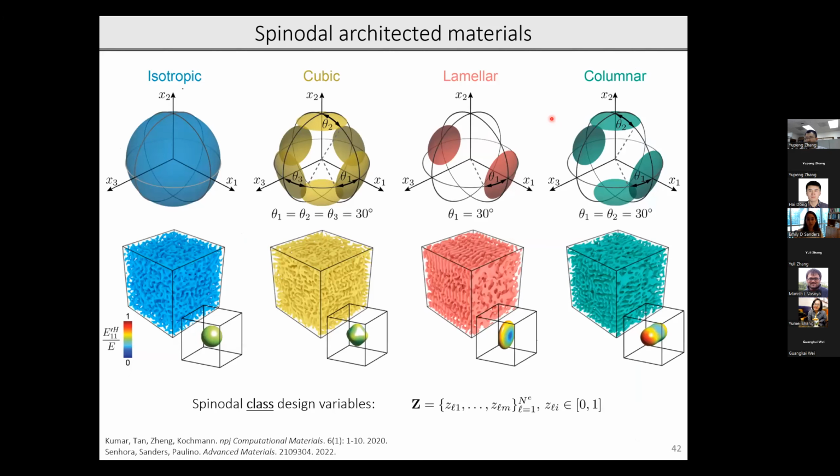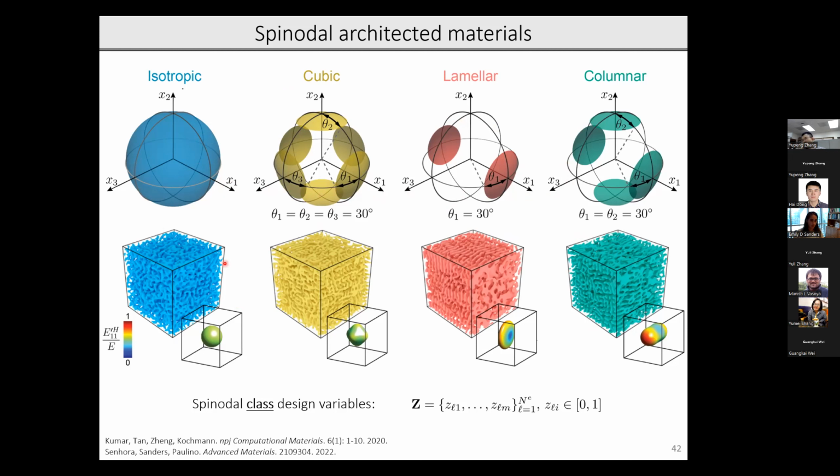For our case, topology optimization, we've chosen to restrict our wave vectors in 4 different ways to arrive at 4 different spinodal classes, okay? And we think that these wave vector restrictions cover a wide enough range of the design space, especially when we start allowing these architectures to orient themselves, which we'll see in a minute.